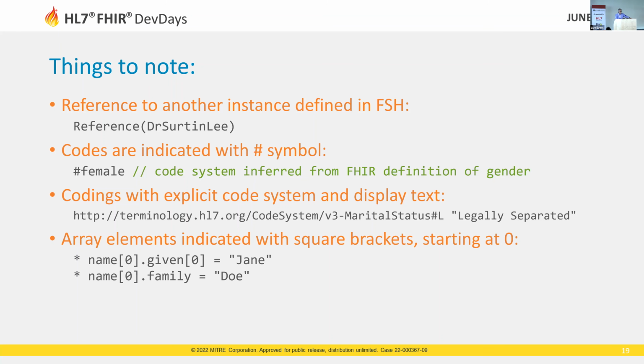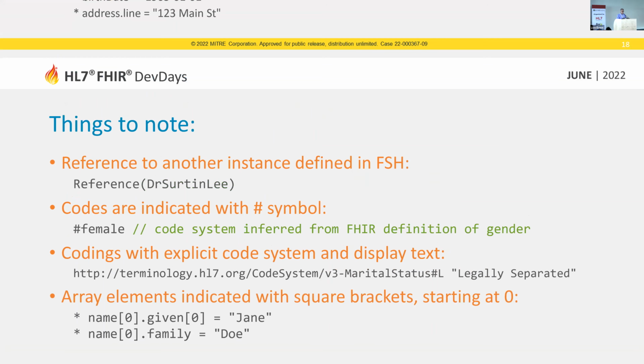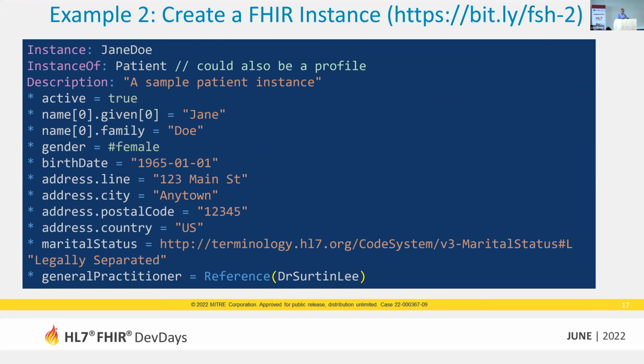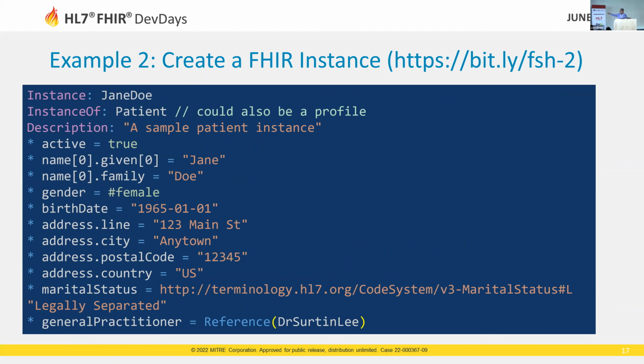And something important is that codes are always indicated with a hash sign. That is very, very common and you'll need to internalize it: whenever you see a hash sign, what follows is a code. So I think in this example, we're saying the gender is female. So you see that there.